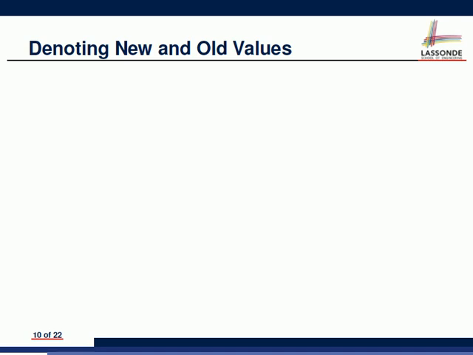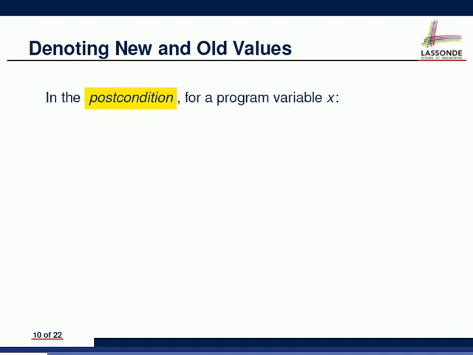Just one more slide to show you over here. Sometimes when you do the proof, you may want to distinguish between the pre-state value and the post-state value. The way we do this for the postcondition in Eiffel is by the old keyword. But to make it a little bit more concise, in the postcondition you can say x with the subscript 0, instead of old x.